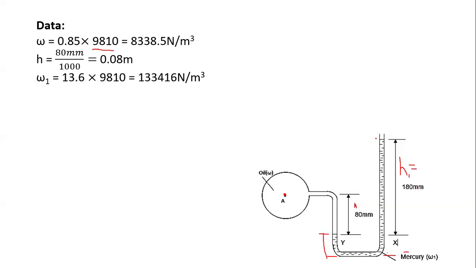Then we're told that this liquid here, the specific gravity is 13.6. Same procedure, we multiply by 9810. Where is the 9810 coming from? 9810 is the specific weight of pure water. And we define specific gravity as the ratio between the specific weight of any given substance and that of pure water.